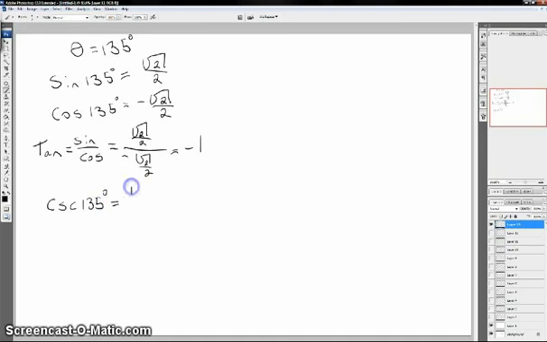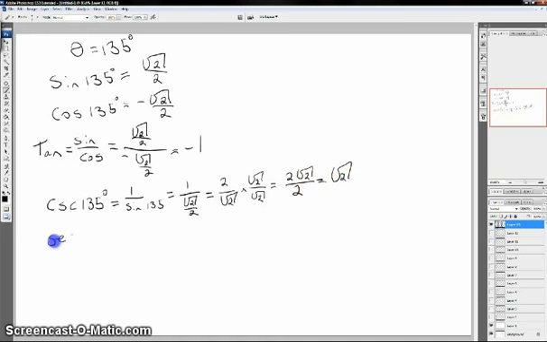Remember that cosecant is actually just 1 over the sine of 135. So this equals 1 divided by root 2 over 2, which I can simplify as 2 over root 2. And I should simplify it further so I don't have a radical in the bottom of that equation. I'm going to multiply the top and the bottom by root 2. It's going to give me 2 root 2 on top. And then on the bottom, root 2 times root 2 is root 2 squared, which is just 2. So this simplifies as just root 2.